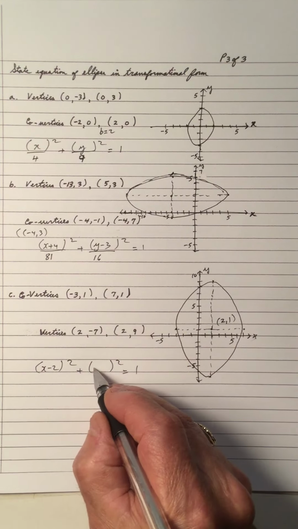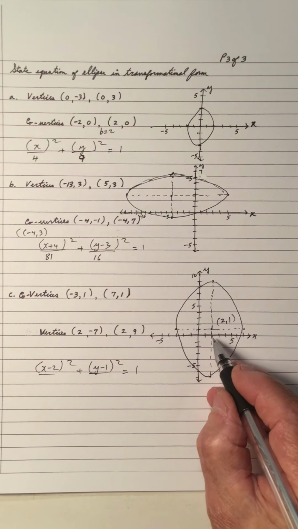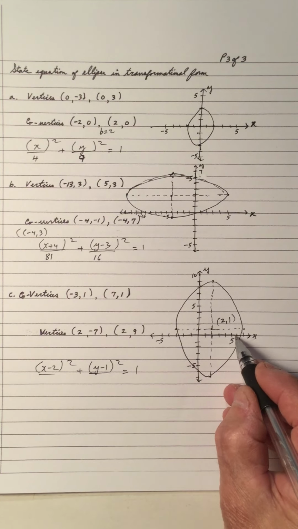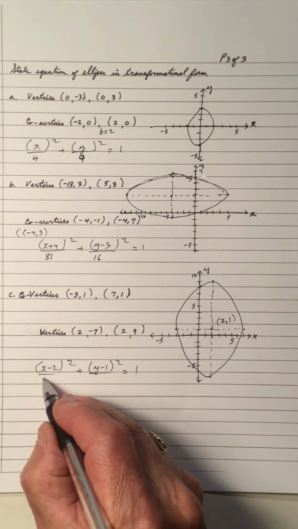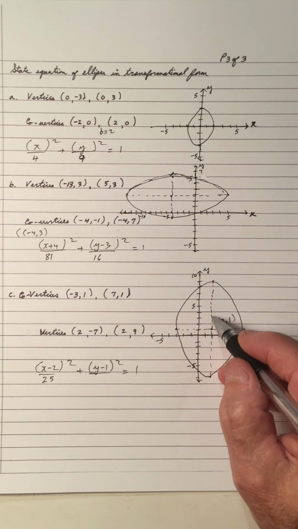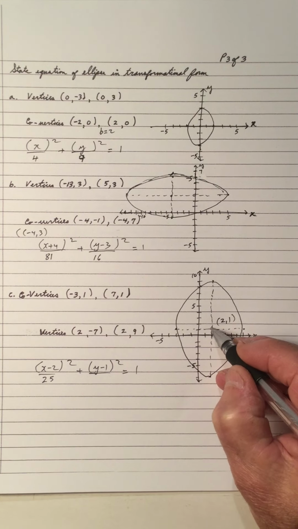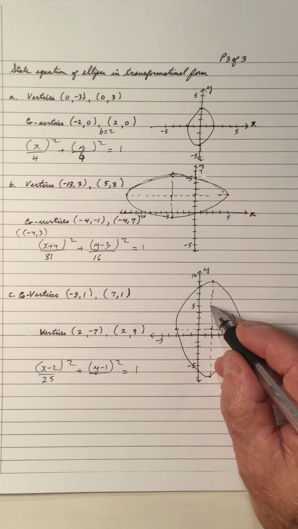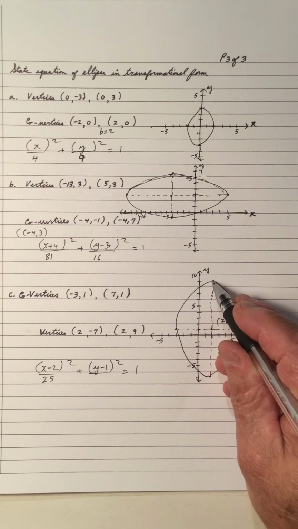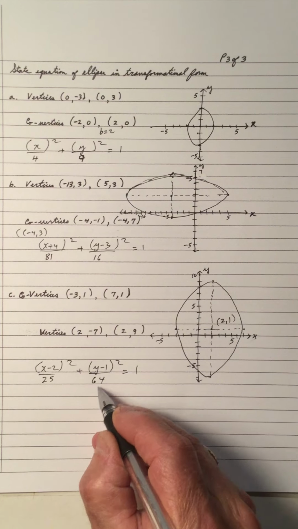The y is 1, so it's a y minus 1. And the horizontal stretch, 1, 2, 3, 4, 5. So that's a 25. And the vertical stretch is 8. Let's see. 1, 2, 3, 4, 5, 6, 7, 8. So the 8 is squared is 64.